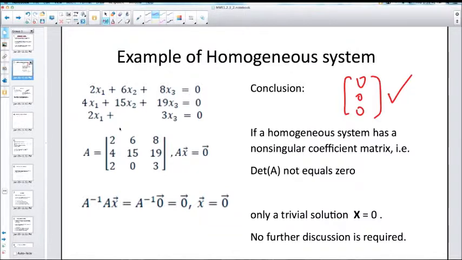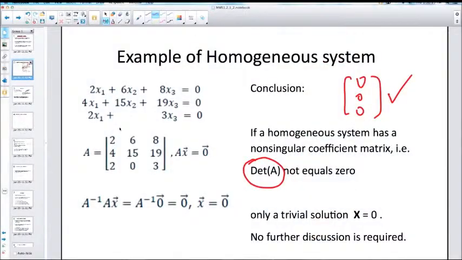If you look at the geometric meaning, that's more illustrative. All the planes pass through the origin. If all 3 planes pass through the origin, then obviously the origin 0, 0, 0 is a solution. If that's all, there's nothing interesting to talk about.